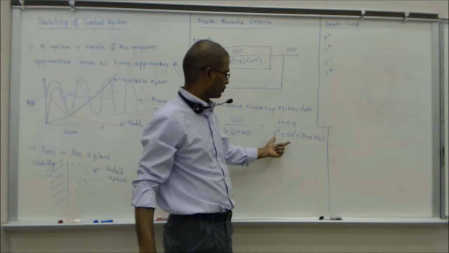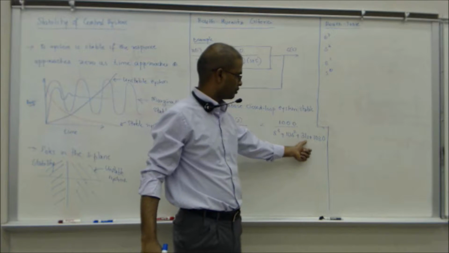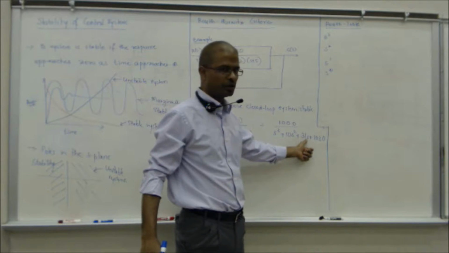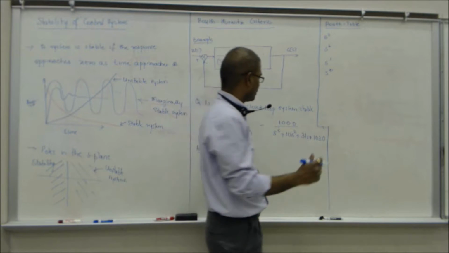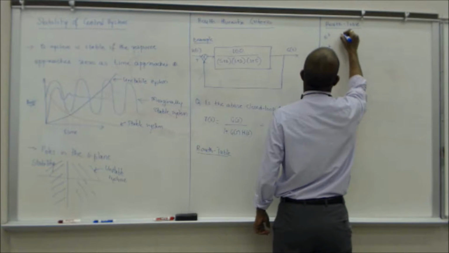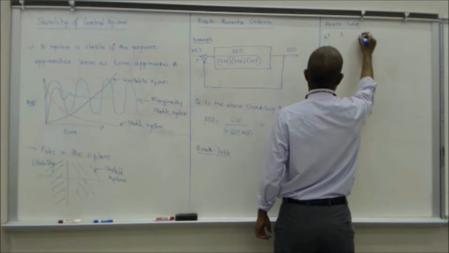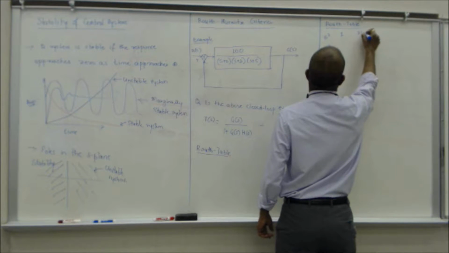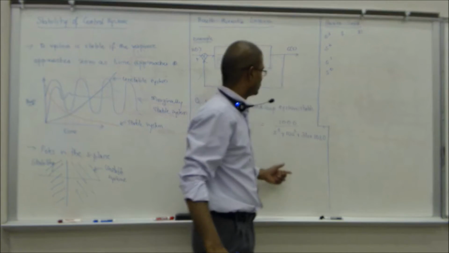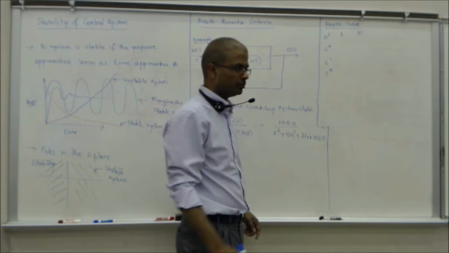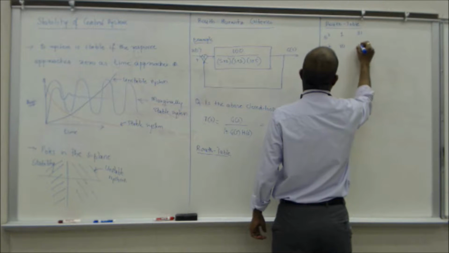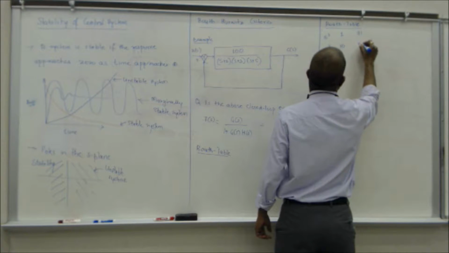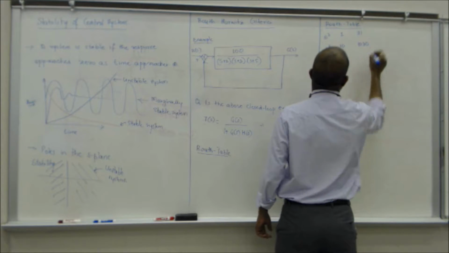So you have S cube and S, these are the odd polynomial degrees. The coefficients for them are 1 and 31. And the second row is the even powers, so it is 10 and 30.